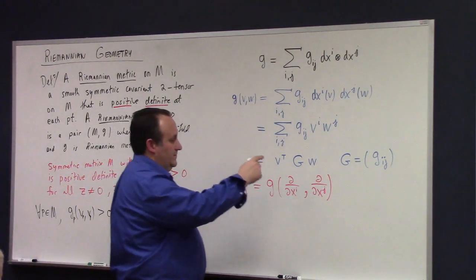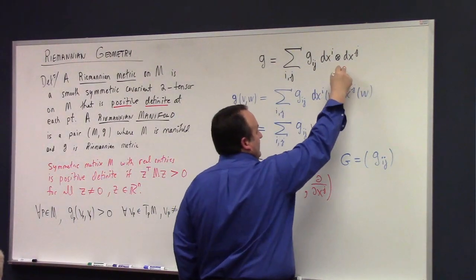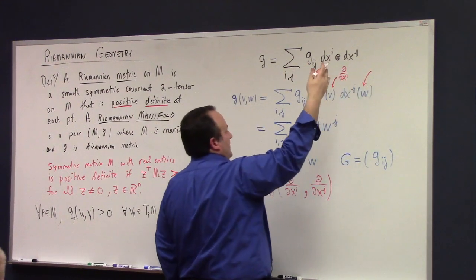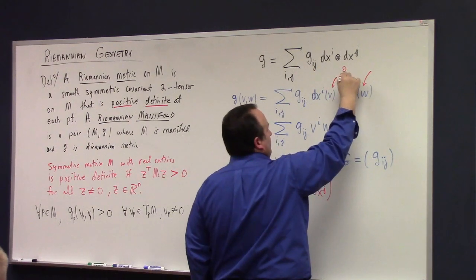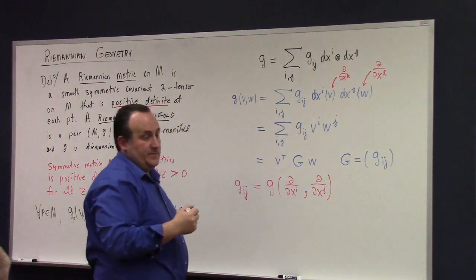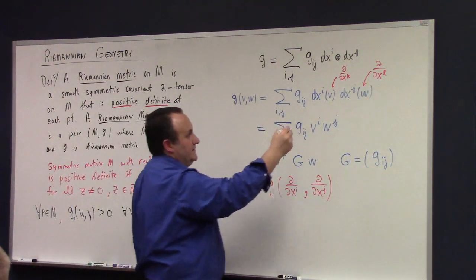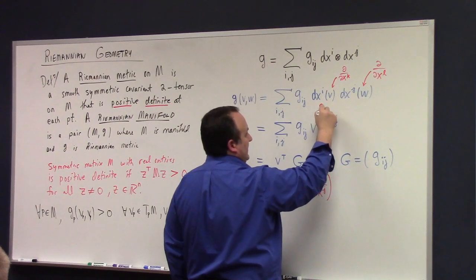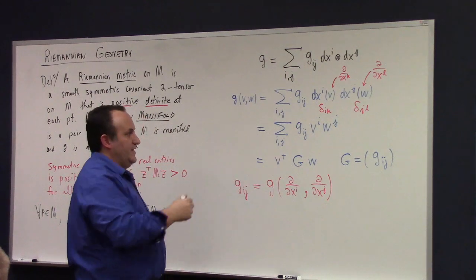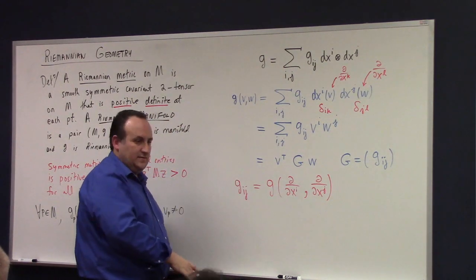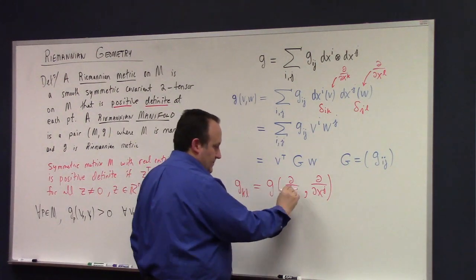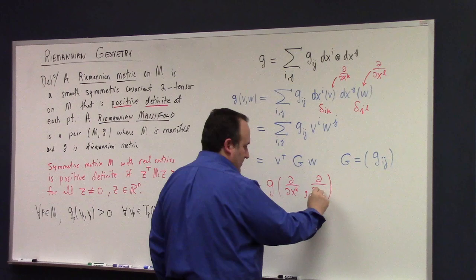What happens when I put partial x_i and, maybe I should use different letters, partial x_k, partial x_l, let's say. Exactly, those become Kronecker delta ik and Kronecker delta jl. And so the summation over i and j squashes, and I could say this is g_kl.